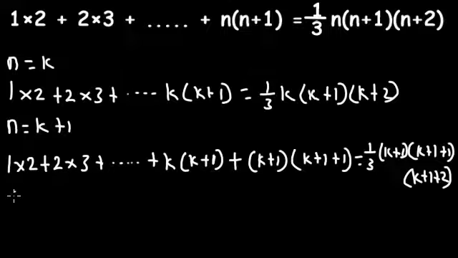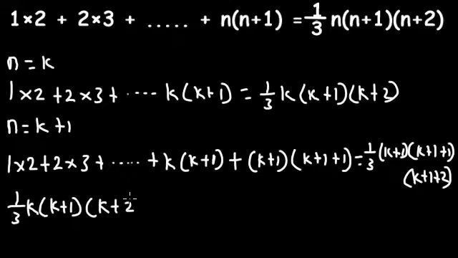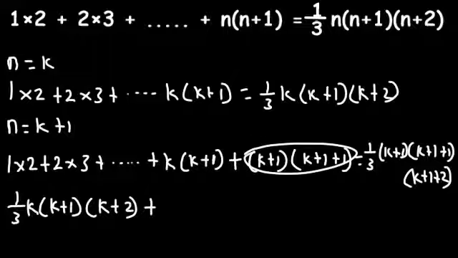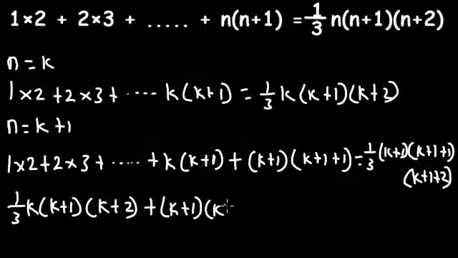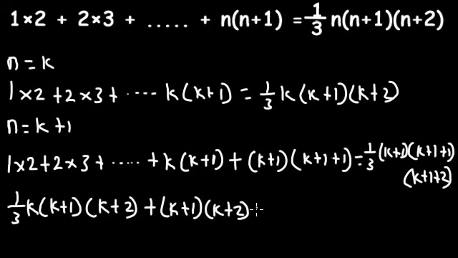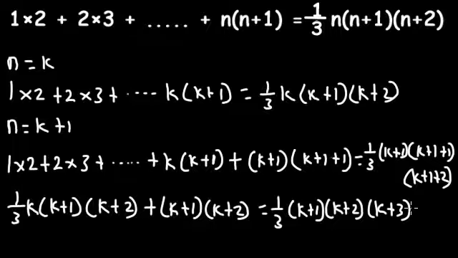Therefore, we can now have 1/3 times k times k plus 1 times k plus 2 plus, then we have this one left, k plus 1 times k plus 2. K plus 1 plus 1, that would be k plus 2. Perfect. This will be equal to 1/3 times k plus 1 times k plus 2 times k plus 3. Incredible. This is perfect. Okay, fine.